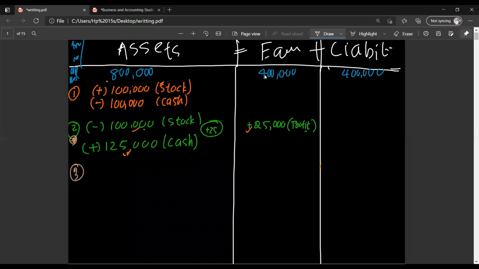From this point it is very easy. Our cash asset would be decreased by 50,000, and obviously you need to write cash down, and here the bank loan will decrease by 50,000. Definitely you need to write it down within brackets, in brackets you need to mention it as bank loan.